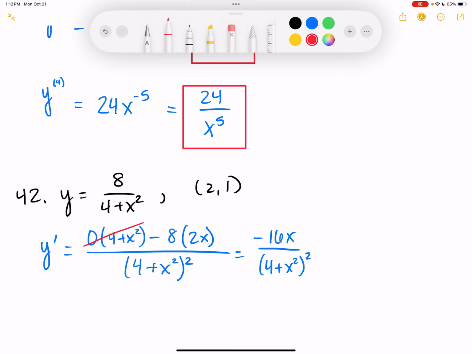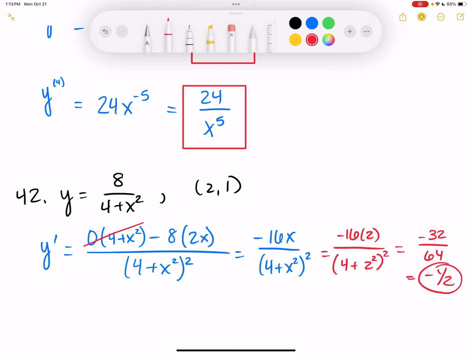So then negative 16 times 2 over 4 plus 2 squared. So it's negative 32 over 64, negative 1/2. So that's my slope. So then how do I write my equation of my line?